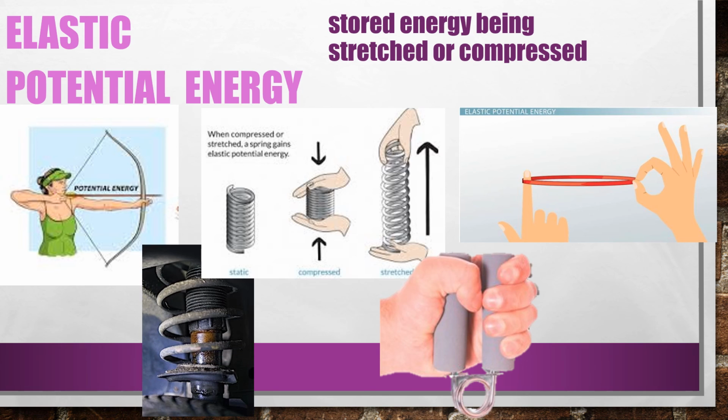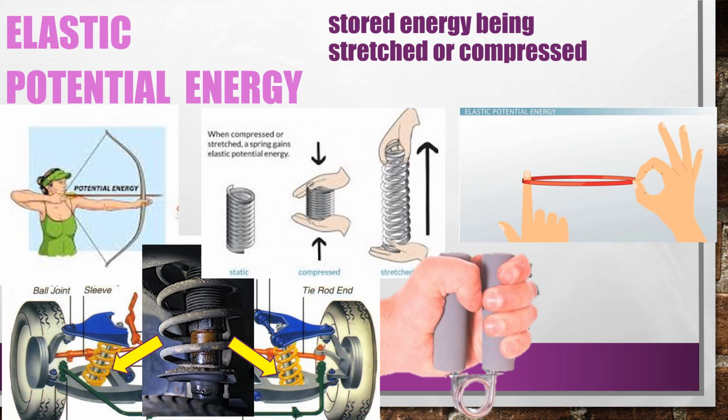In our vehicles, we also have large springs. So if you know anything about vehicles, we talk about shocks and we talk about the struts. So there's a big spring that is around the axle area for your car.